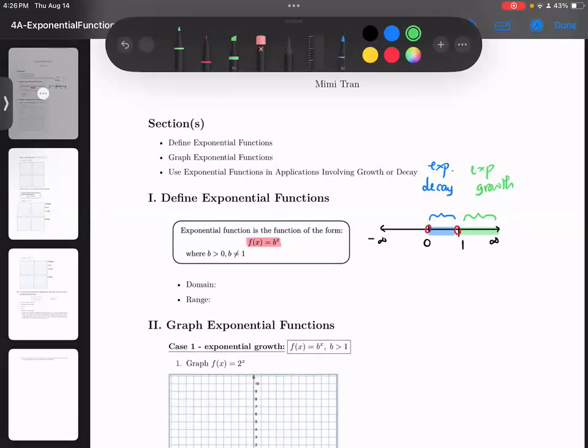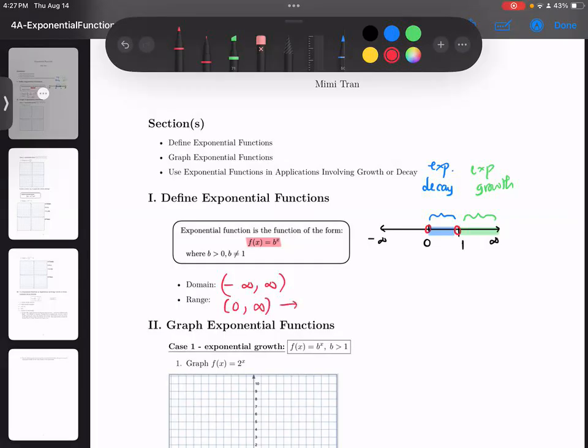The domain and range of exponential function. The domain is going to be, let me tell you now, and I'll show you why later, negative infinity to positive infinity. And the range is going to be from 0 to infinity.